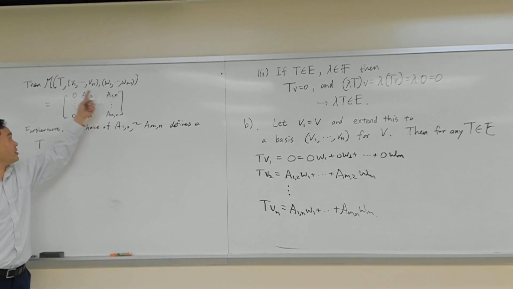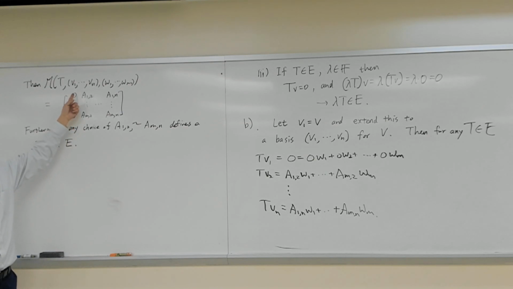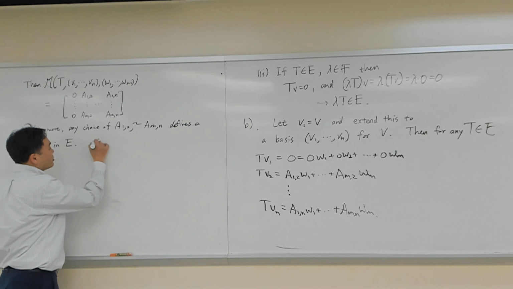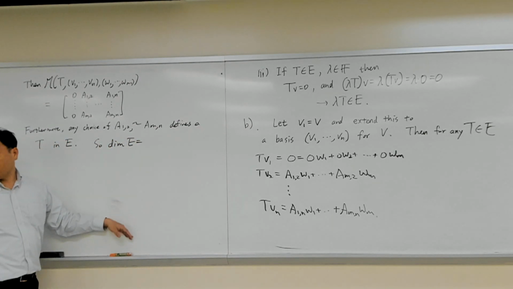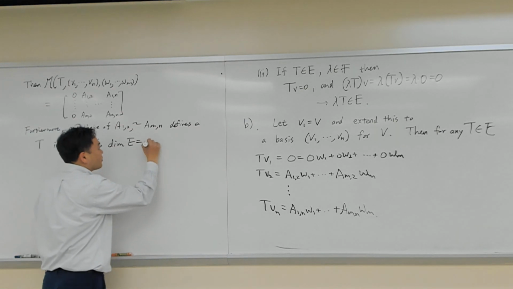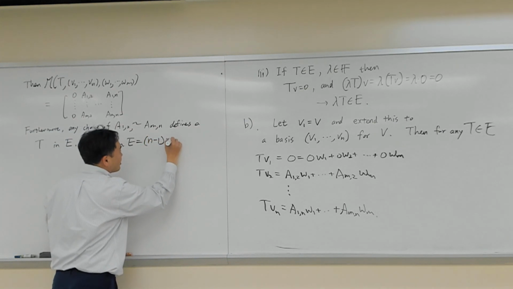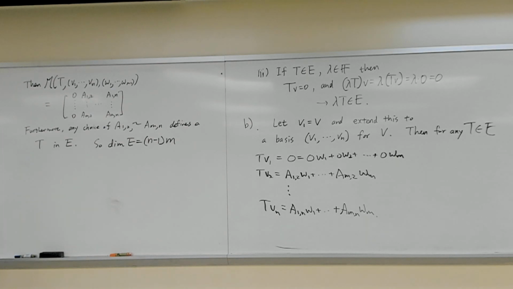The length is n and that's m, but you're losing 1 from the n. So the dimension of E is n minus 1 times m, not n minus 1 times n minus 1, just m. You're just losing 1 column but no rows. So that's what you get. That's one way to do it.